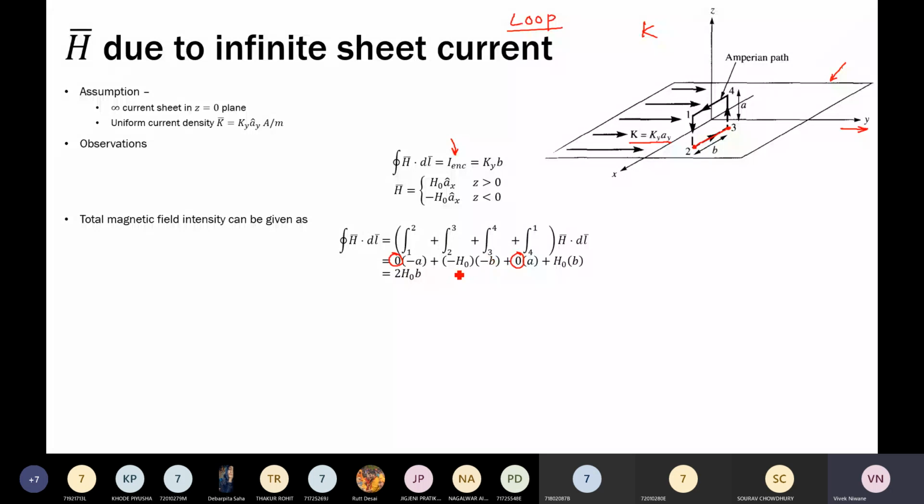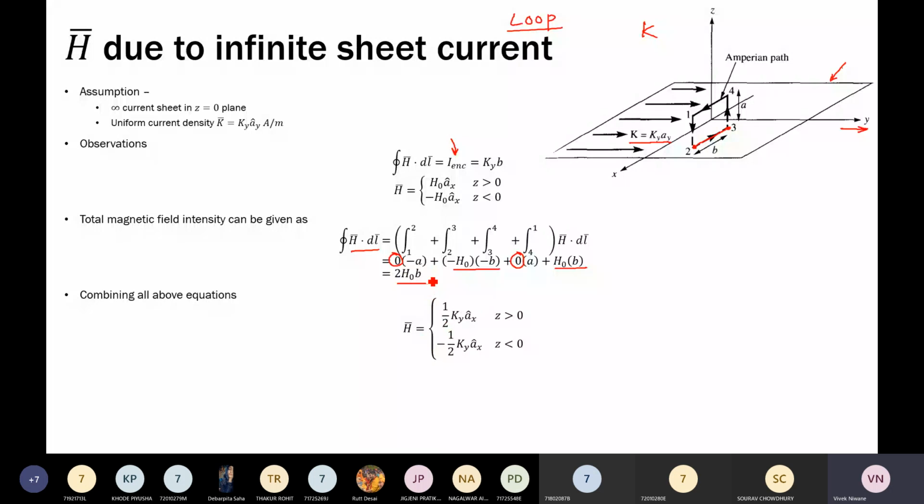So for path 2 to 3 and 4 to 1, we have expressed the values, and we end up with an expression of closed loop integration of H bar dot dl bar is equal to 2H0b.